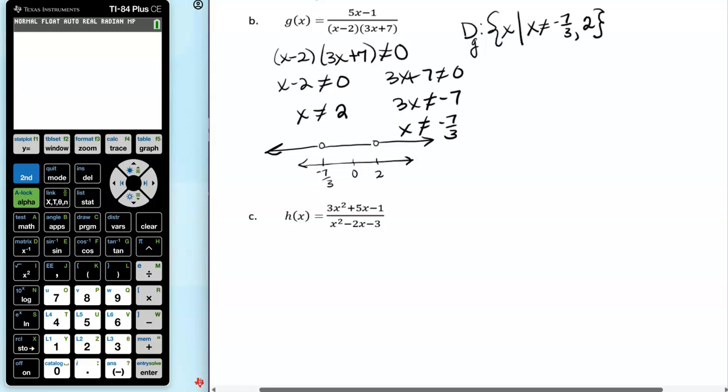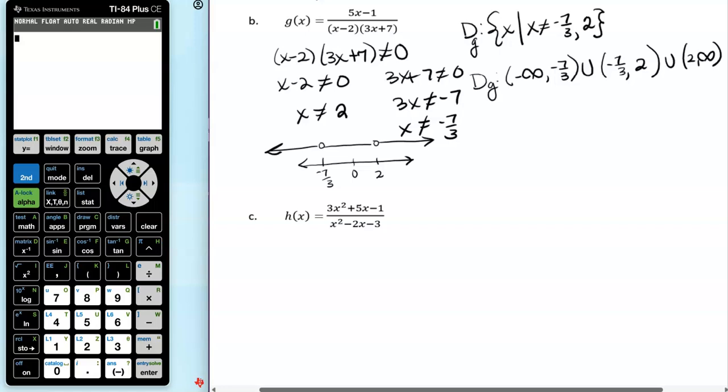So we'd end up with 3 intervals. So the domain in interval notation of G is going to be from negative infinity to negative 7/3, and then negative 7/3 to 2, and then 2 to infinity.